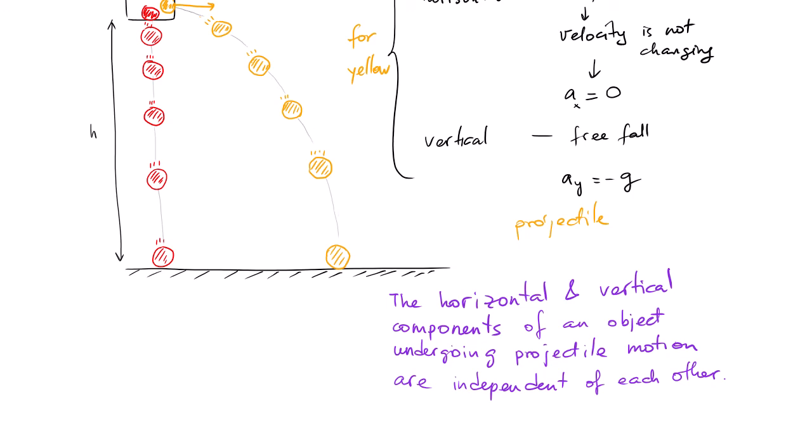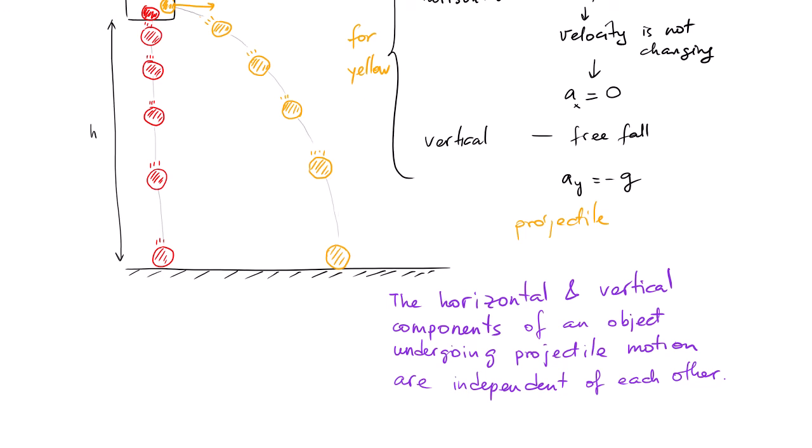Well, it is instructive to first analyze the motion of an object projected horizontally, parallel to the level of the surface, and then vertically. When we analyze horizontal and vertical motions separately, kinematics is a very useful tool for us, so we can use kinematics equations to analyze this.